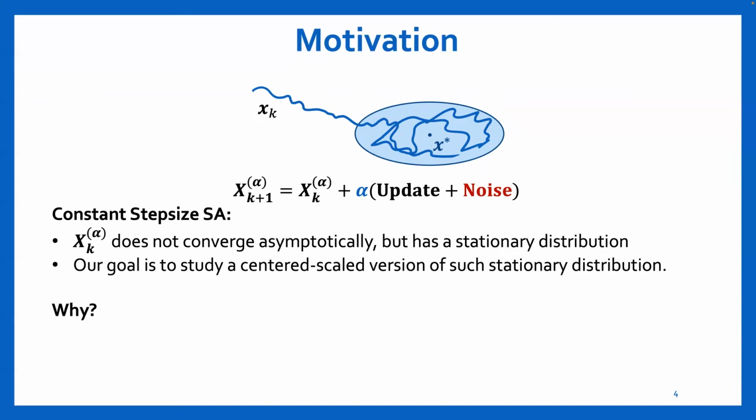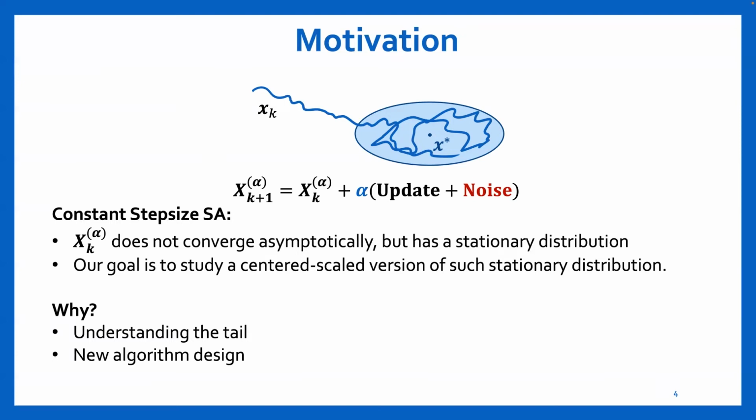So why are we interested in this problem? First of all, in stochastic approximation, usually we want to understand how many iterations are needed to achieve a certain level of accuracy with some high probability. By characterizing the stationary distribution, we answer this question, but we actually provide more information, since we have not only the tail but the entire distribution.